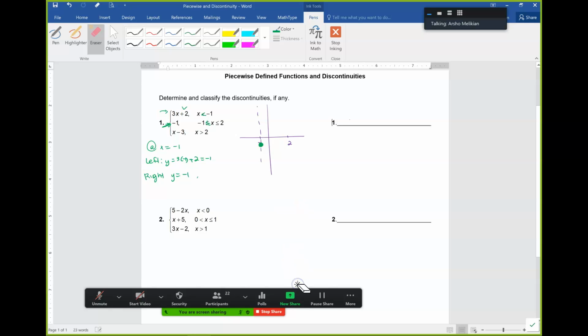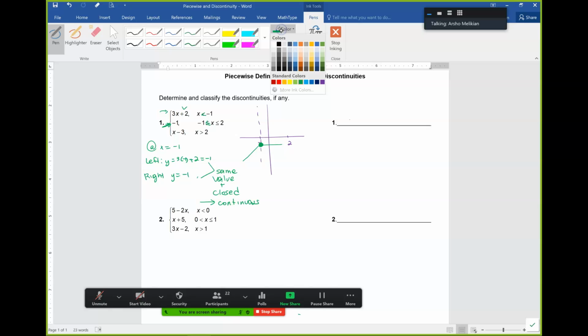If they're both the same value and it's closed, it's continuous. Because if you look at the function, one graph is a linear equation like this and the other one is just -1. So do you see how it's continuous there? It's the same value plus it's closed. So that means it's continuous.